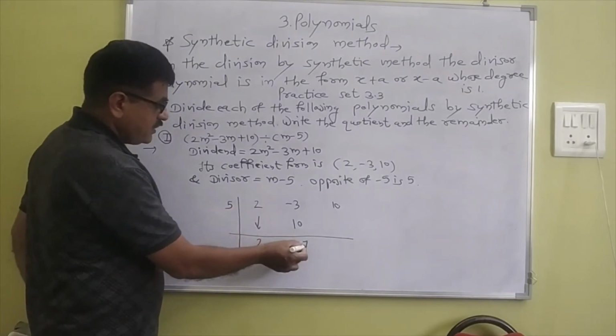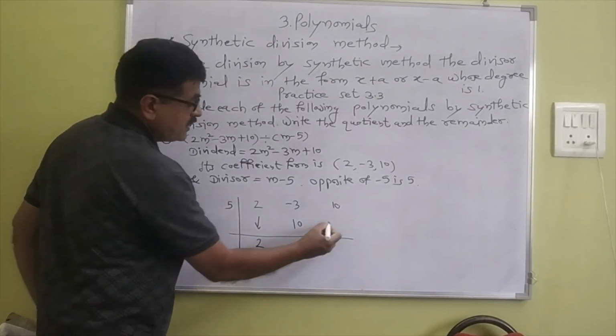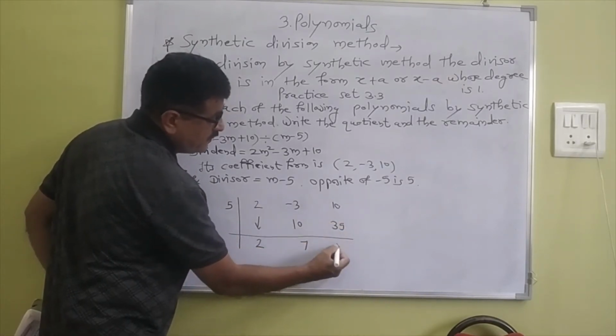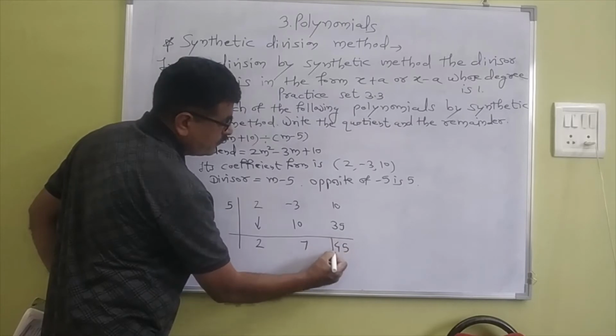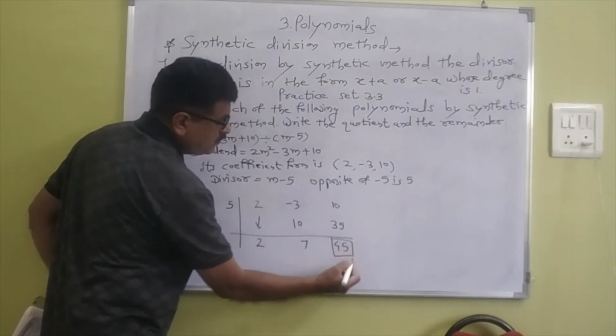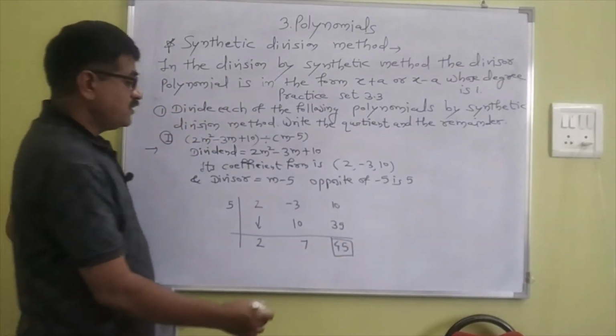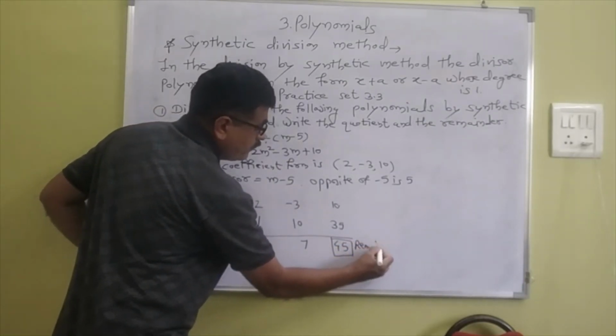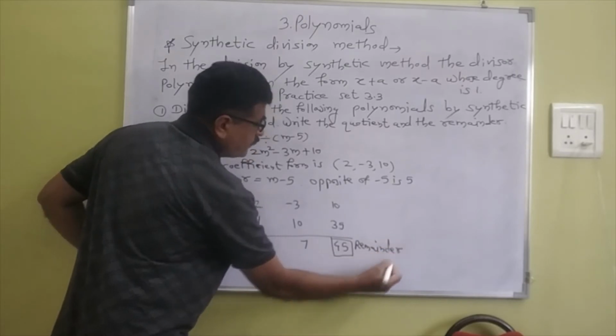Take multiplication, 5 into 7, 35. Take its addition, 10 plus 35 is 45. Write this in a box. This is called the remainder.